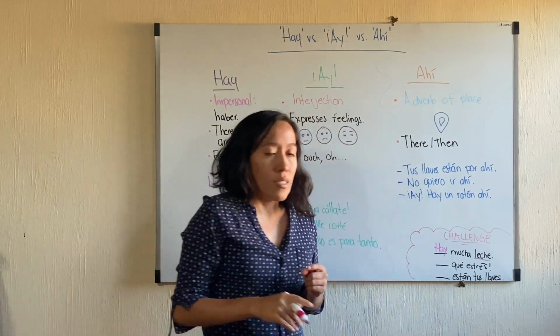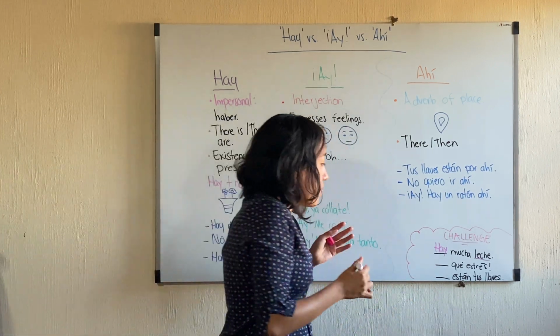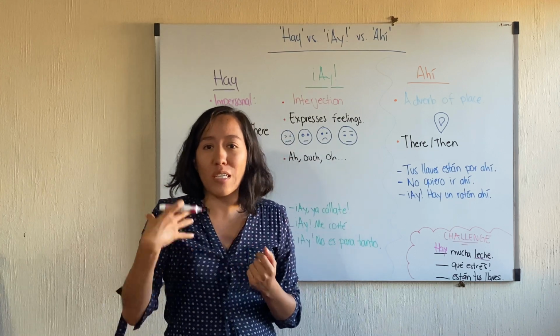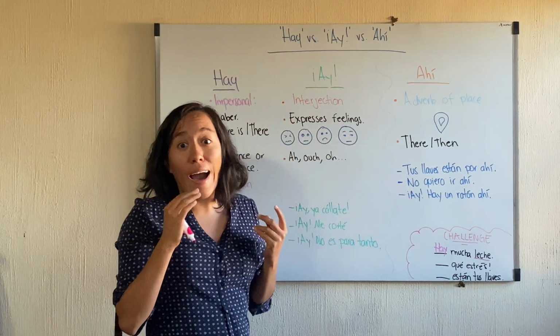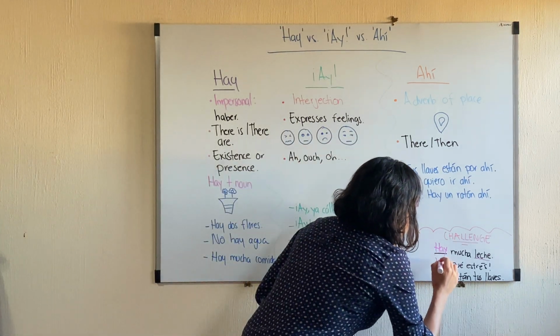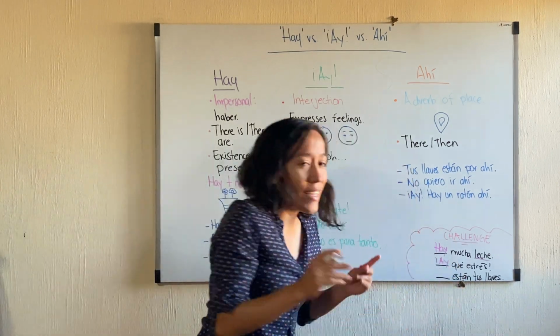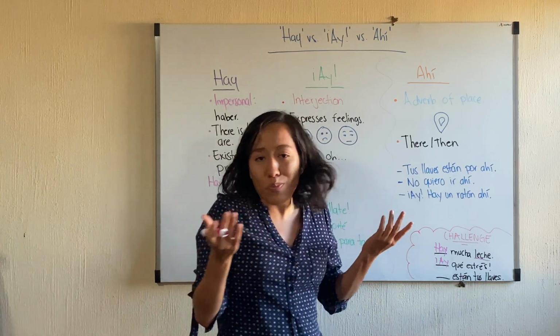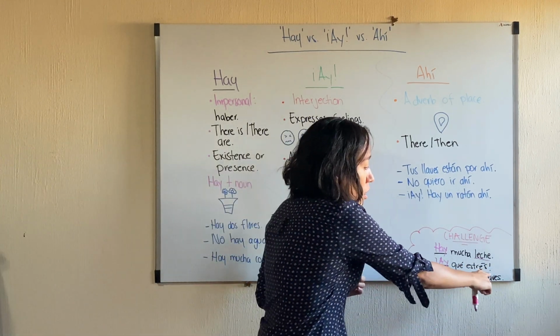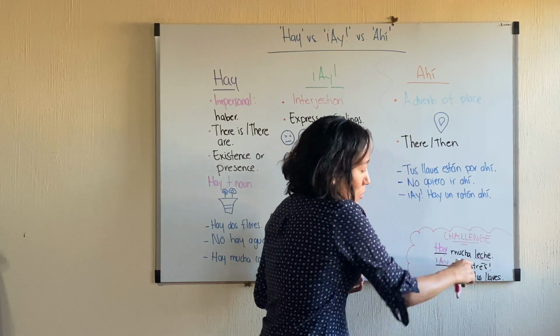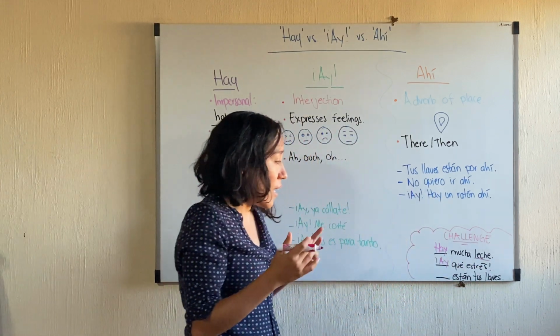The second one, que estrés. This is an expression. You're expressing your emotions. So we're going to use ay. Ay, qué estrés. And if you pay attention to the exclamation mark, you will see that we had one before, so we needed to use ay.